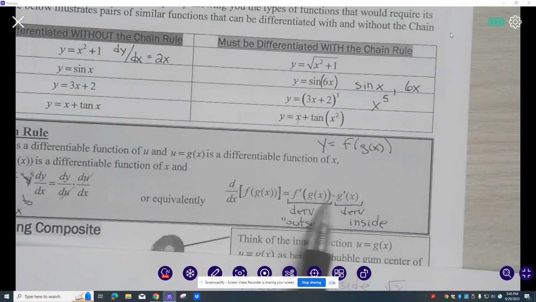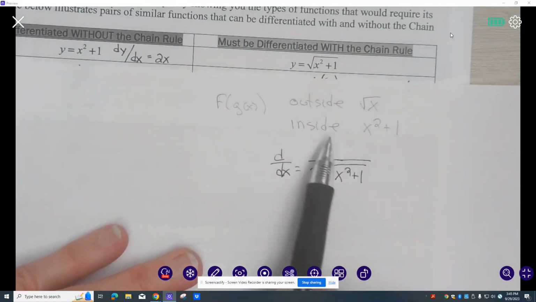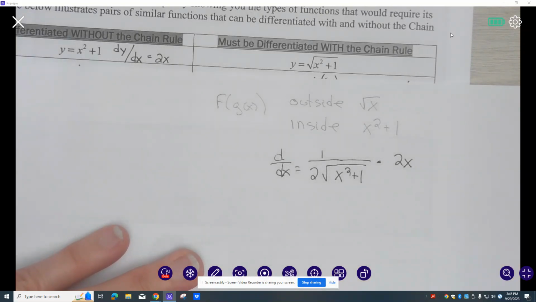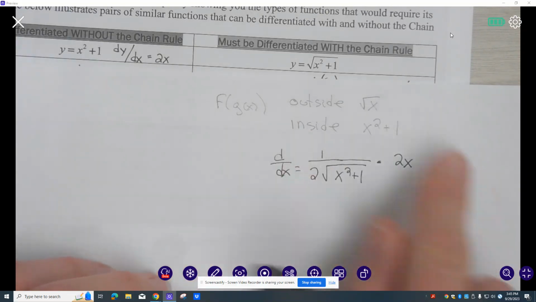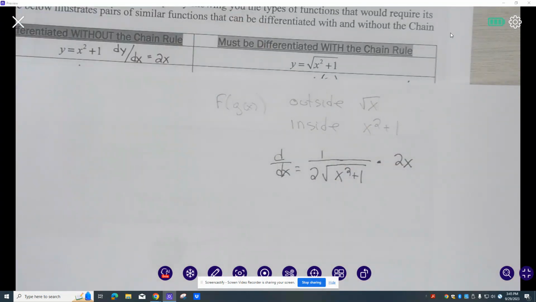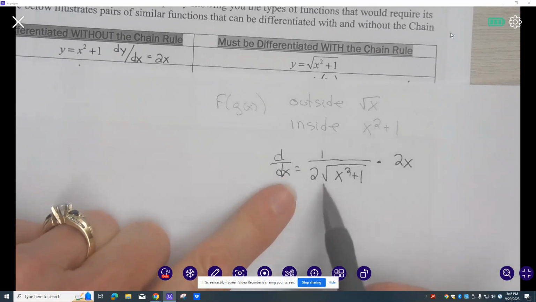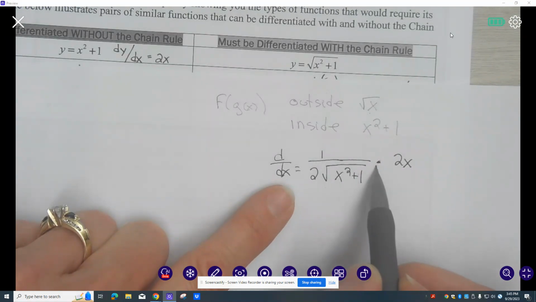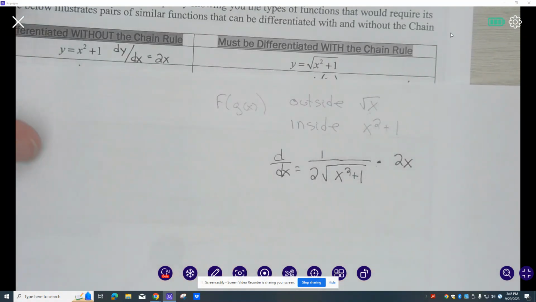And then times the derivative of the inside. So the inside is the derivative of this, times 2x. Now, we're going to show an easier way to walk through that, but I just wanted to show you what it looks like. This part right here is the derivative of the outside with the inside unchanged times the derivative of the inside.